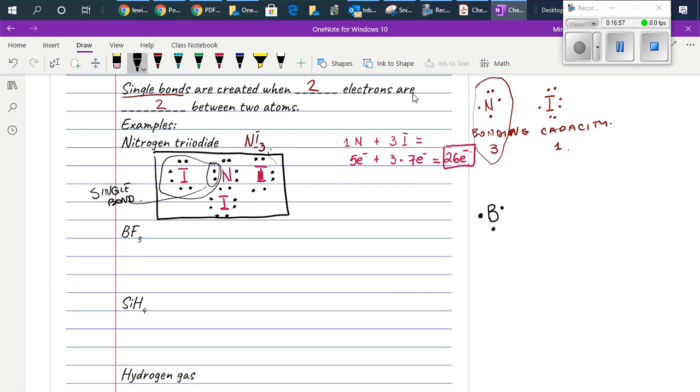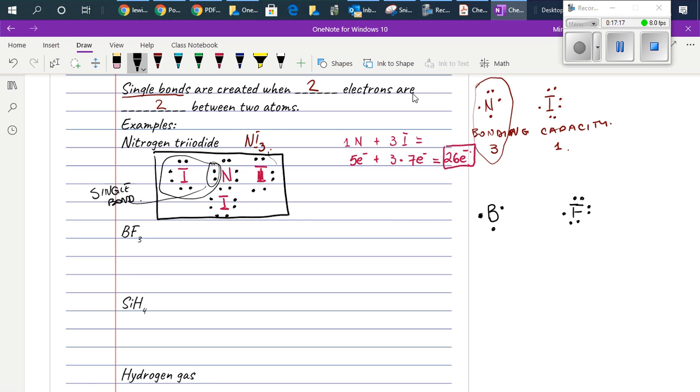And fluorine, sorry, I said iodine, is in the 17th place of the periodic table, and it has 7 electrons in the outer shell.